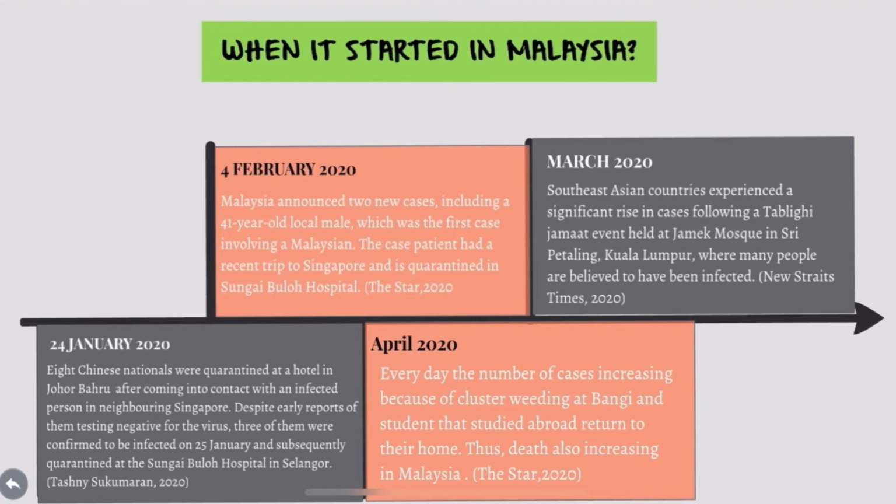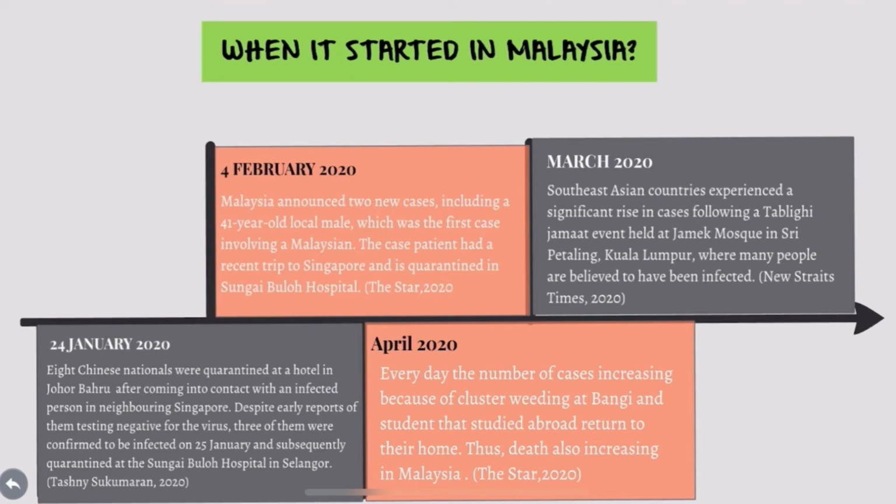On 4 February 2020, Malaysia announced 2 new cases, including a 41-year-old local male, which was the first case involving a Malaysian. The patient had a recent trip to Singapore and is quarantined in Sungai Buloh Hospital.